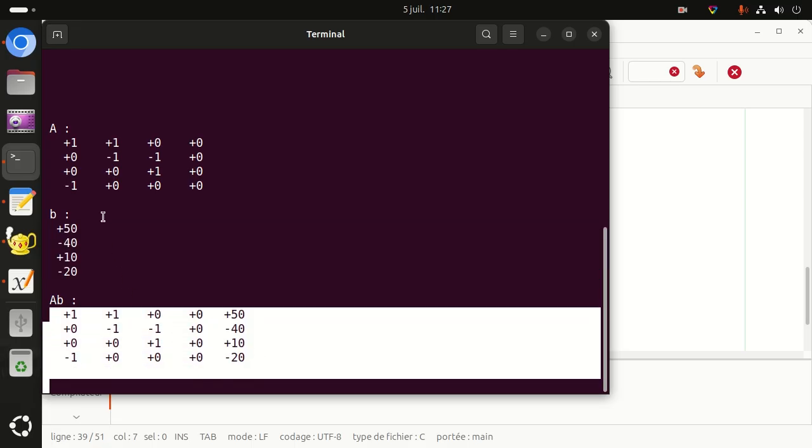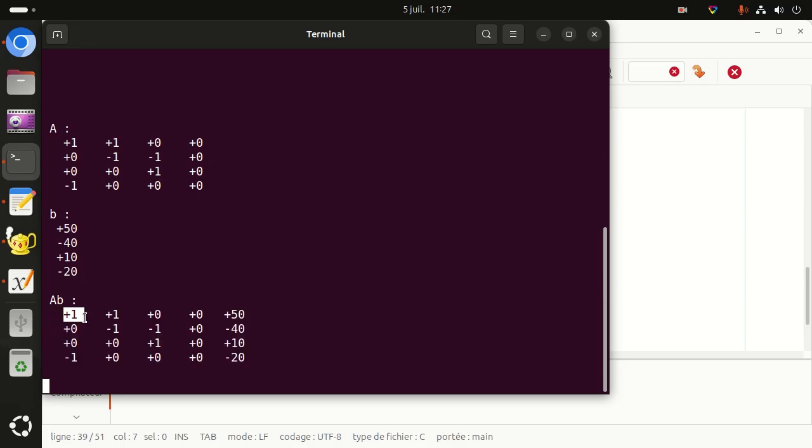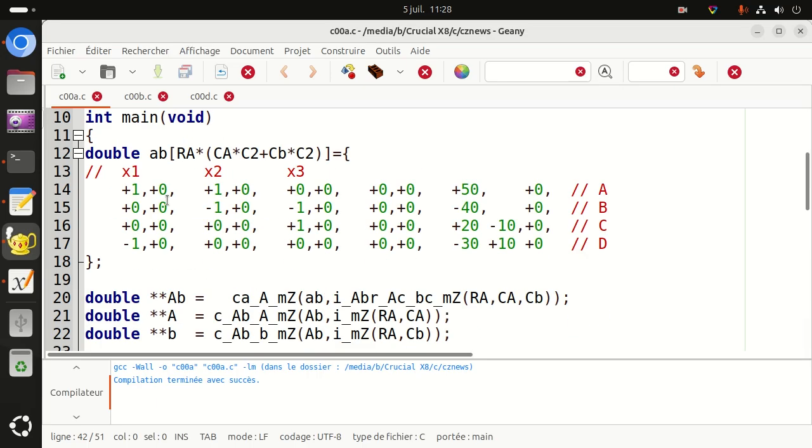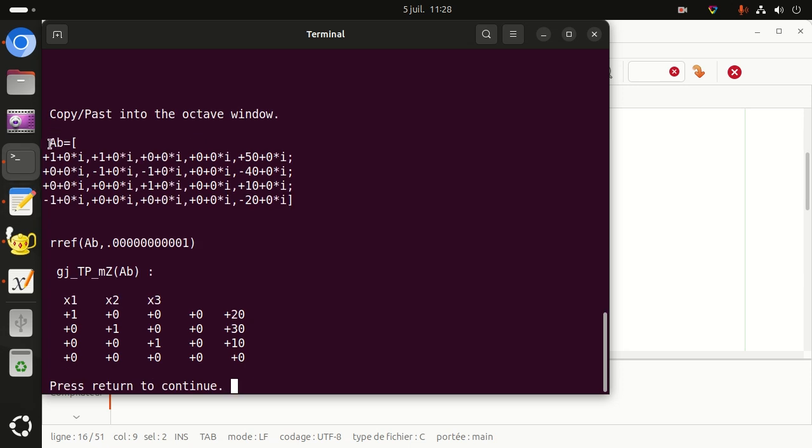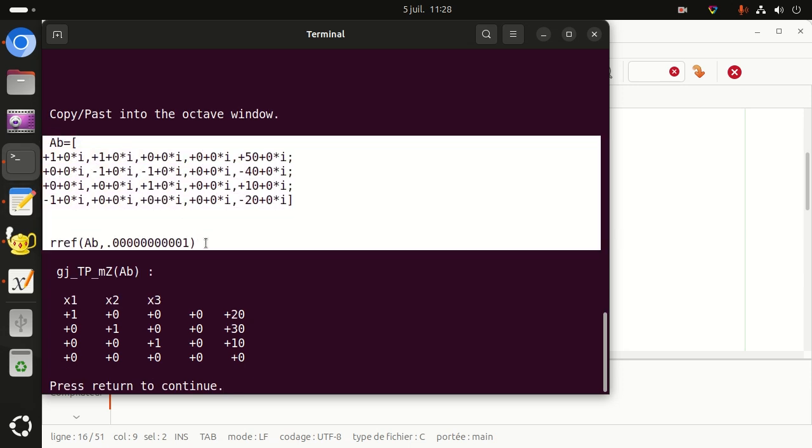Even if I work with complex values, I print only the real part because the imaginary parts are 0. Now I can use Octave to solve this system.